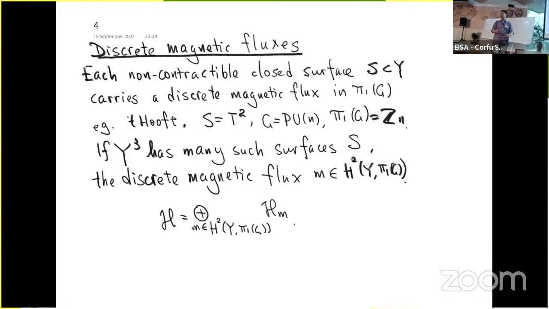Therefore, for the whole theory, a discrete magnetic flux is an element in the second cohomology of Y with coefficients in pi_1 of G. This topological quantity can be fixed in quantization because it doesn't concern the time direction, unlike instanton numbers, etc. As a result, our quantum Hilbert space is a direct sum of sectors that are labeled by these discrete magnetic fluxes.